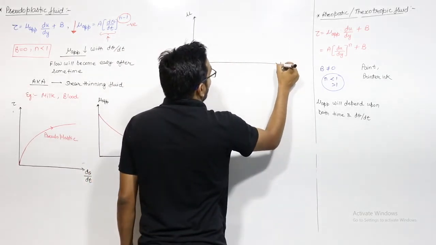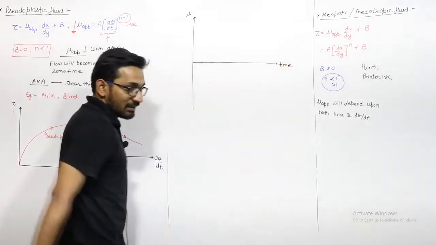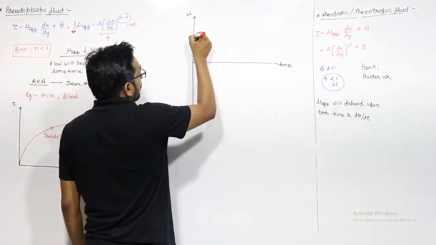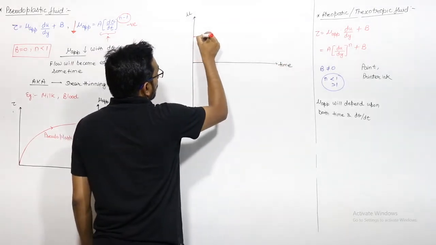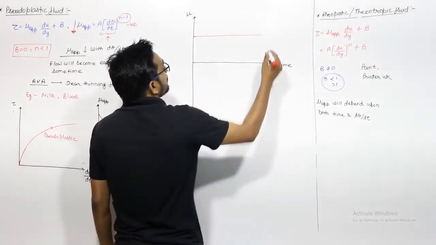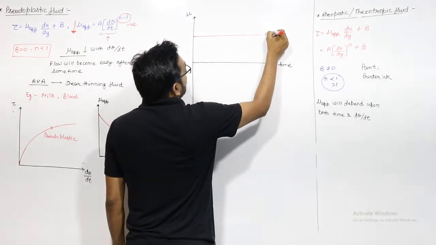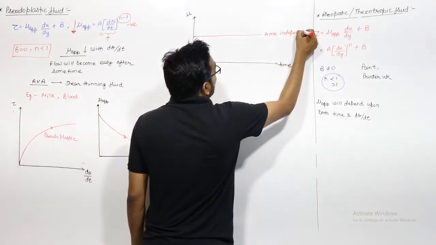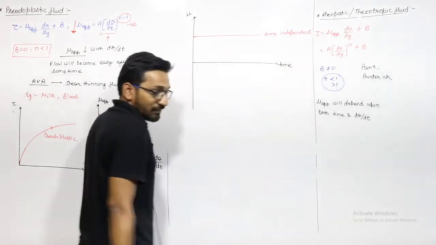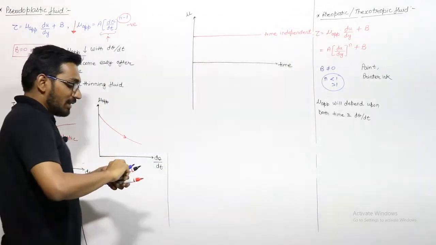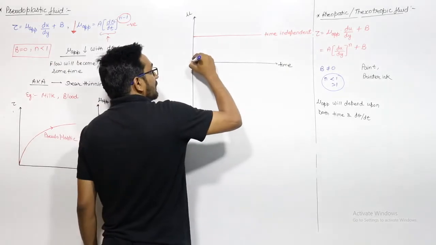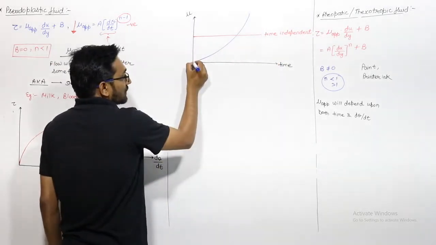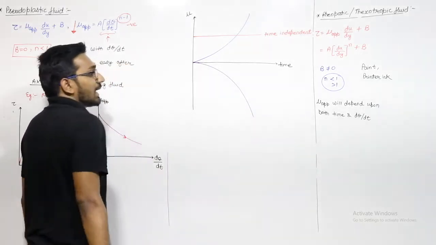The time independent fluids will be like this, like your dilatant, Bingham plastic, pseudoplastic, and time dependent will look like this, in which the viscosity is either increasing or decreasing with time.